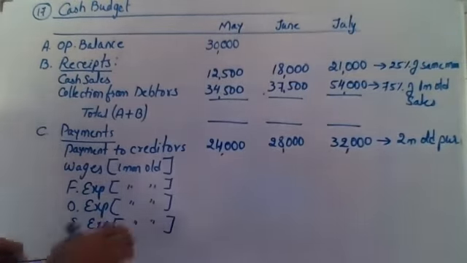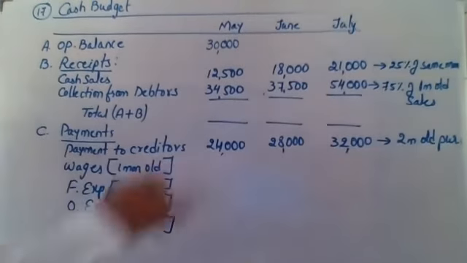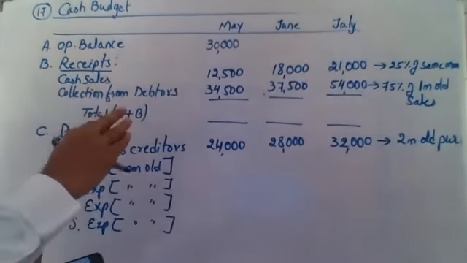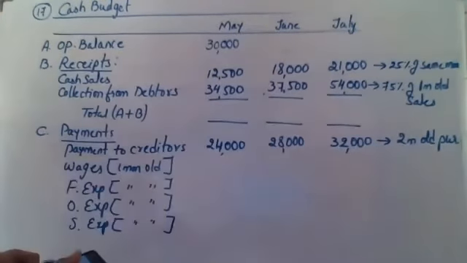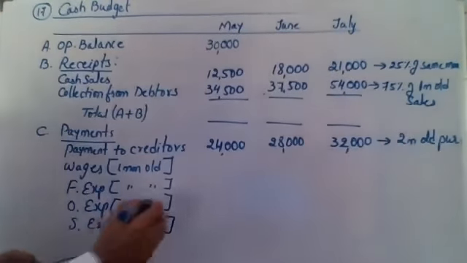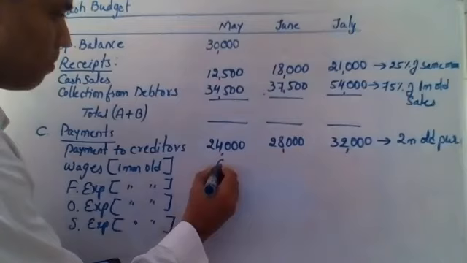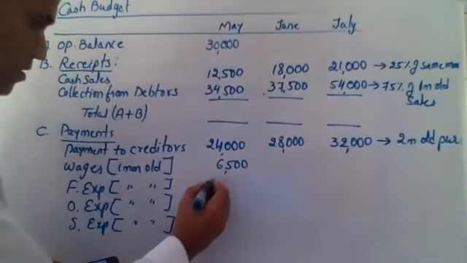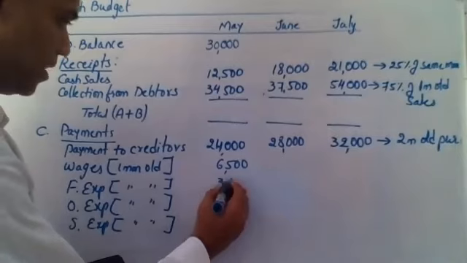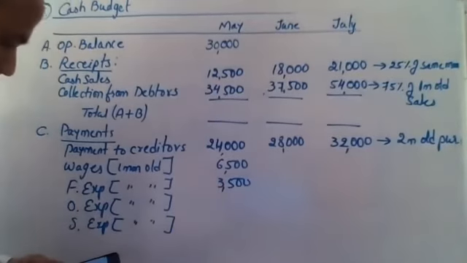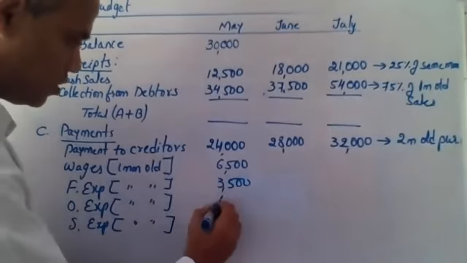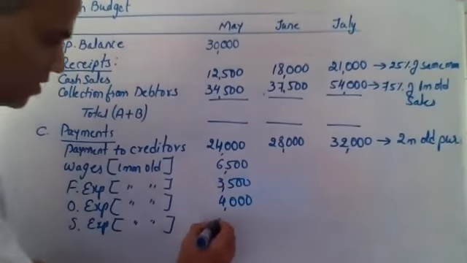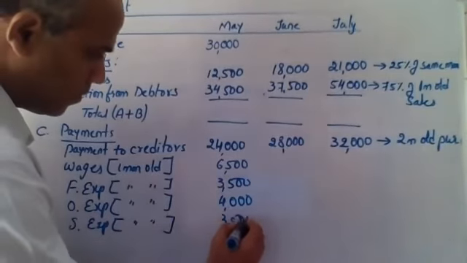So for all these 4 items given in the question, for May I will take the previous month, because April expenses are paid in May. April wages is 6,500, which is paid in May. April factory expense is 3,500, office expense is 4,000, and selling expense is 3,500, all paid in May.